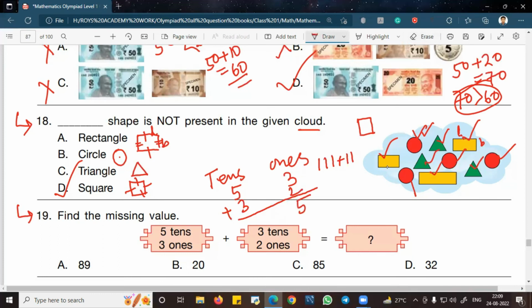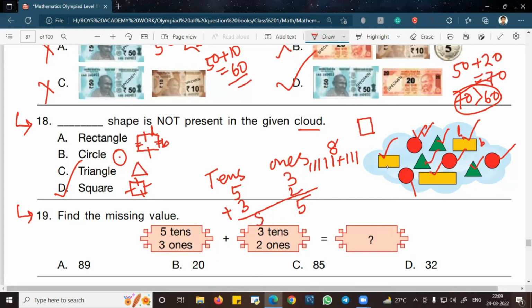So 5 plus 3, 1, 2, 3, 4, 5, and we write another thing. We put 3 after this plus sign. So how many sticks will there be here? There will be 8 sticks. So we write 8 sticks here.